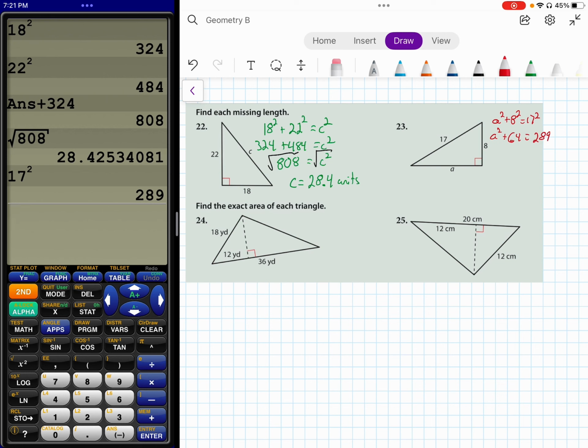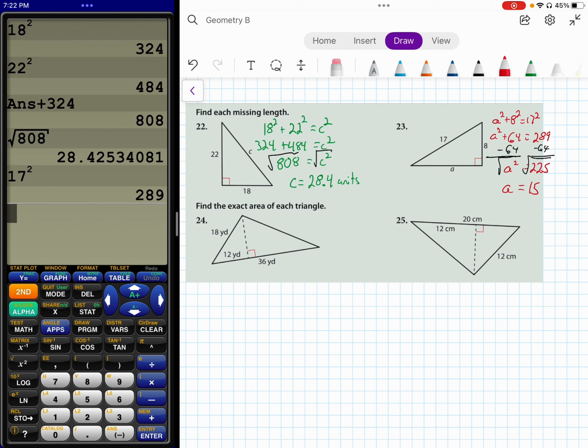Subtracting 64 from both sides gives us 225. So a squared equals 225. We take the square root of both sides and we find that the value of a, or the length of a, is 15.